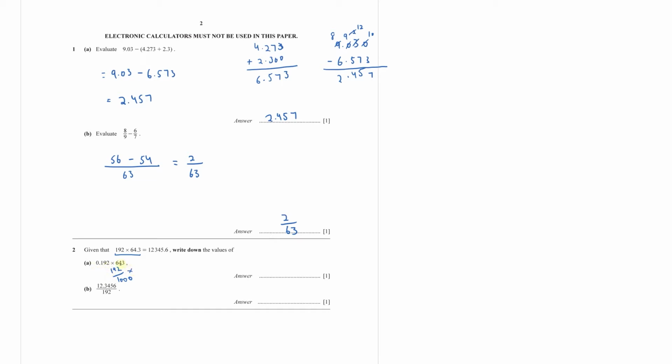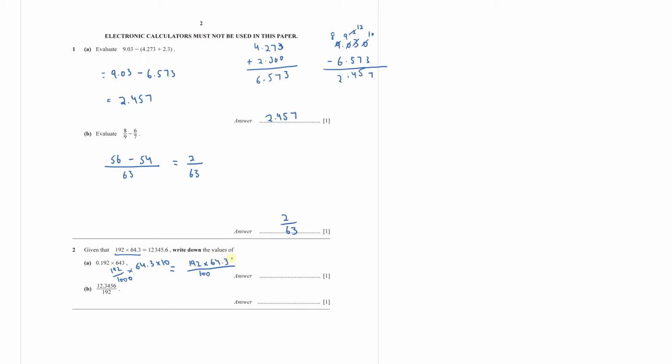And then you multiply it by 64.3. So you have to write 643 as 64.3, and since you moved the decimal, you have to multiply by 10, because 64.3 multiplied by 10 will be 643. So this becomes 192 multiplied by 64.3, and then this 0 and this 0 cancel out, and you get 100 in the denominator.